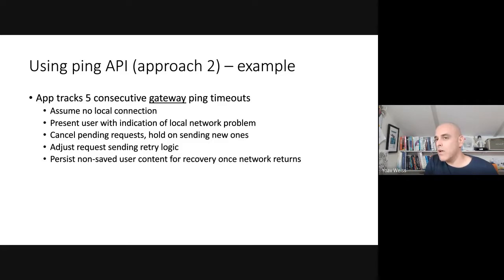So I'd love to better understand the use cases that split out the need for local network information from the general question of how is your network doing, which is something that pages can already roughly measure.